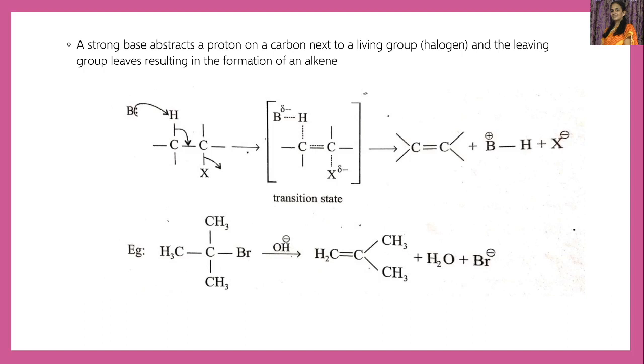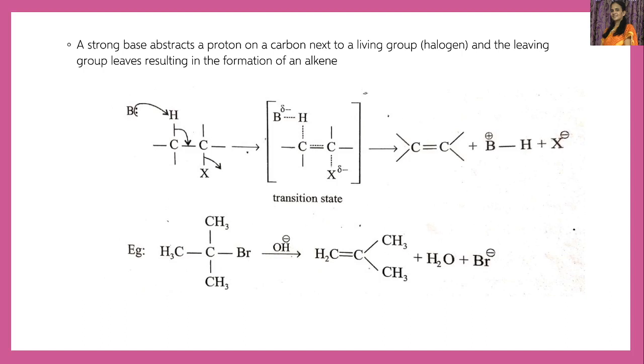Isobutene is the product obtained in this reaction. So this is tertiary butyl bromide. When it is subjected to dehydrohalogenation, OH abstracts one proton and it forms H2O. And this Br goes along with the pair of electrons in the form of Br minus.